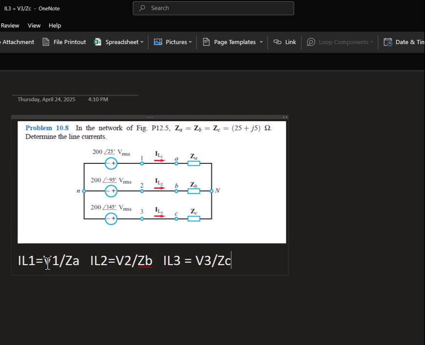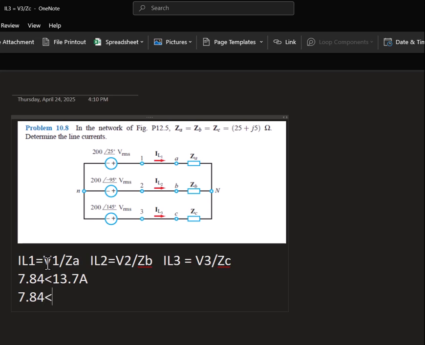I got 13.7 amps. Okay, and then you don't actually have to do that for the others, because if it's balanced, you don't even have to know if it's positive or negative sequence.